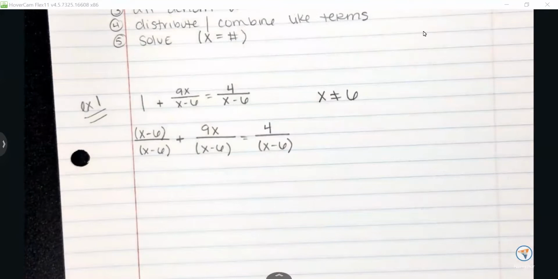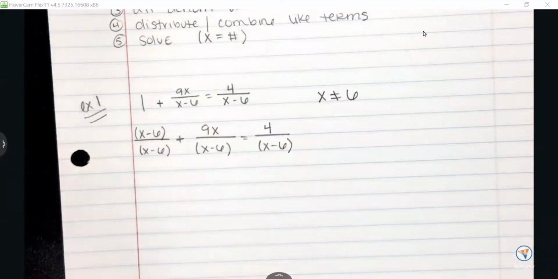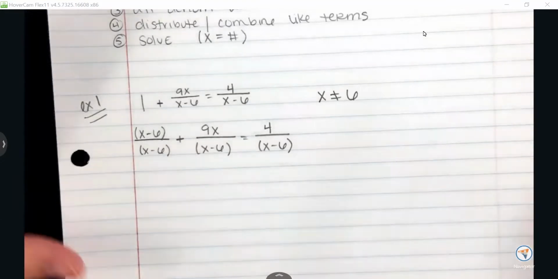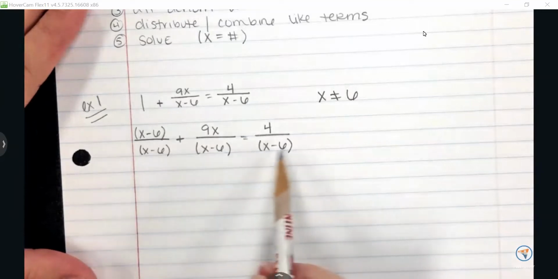Okay, so why am I able to just cancel all my denominators out? Because, first of all, if I have a fraction, how do I get rid of a fraction? Multiply by what? By the denominator. So my denominator is x minus 6.